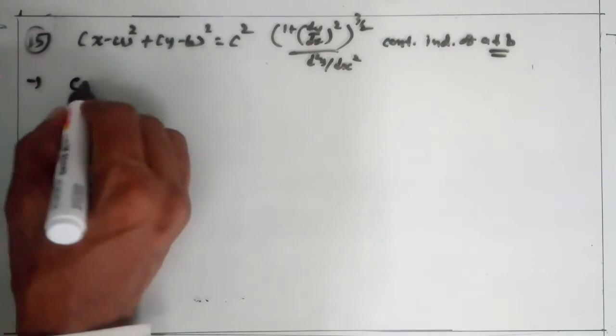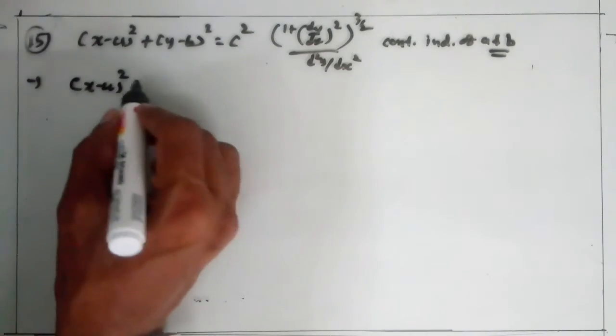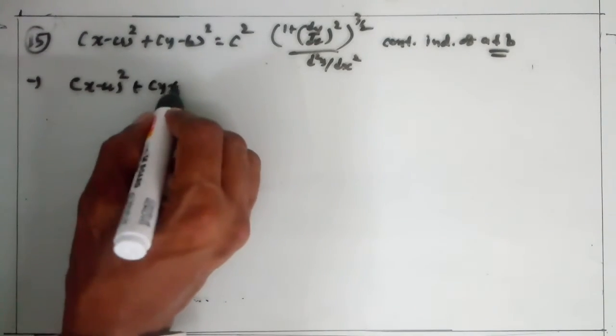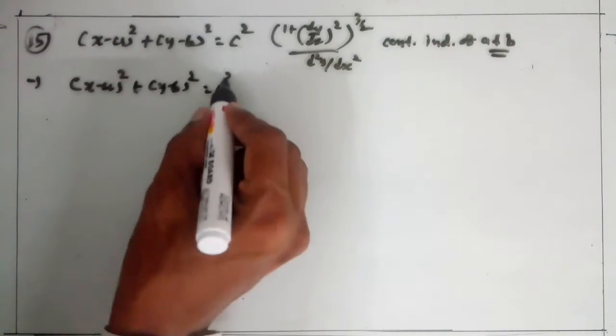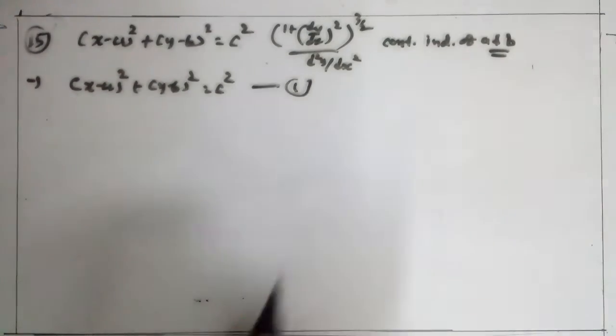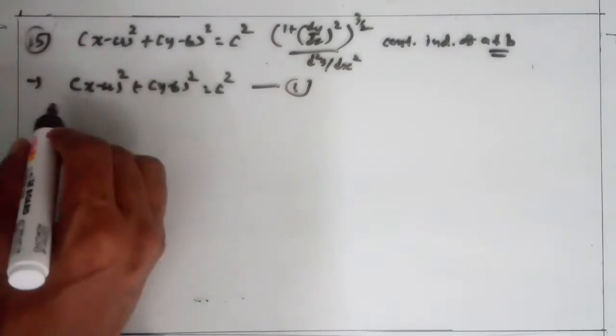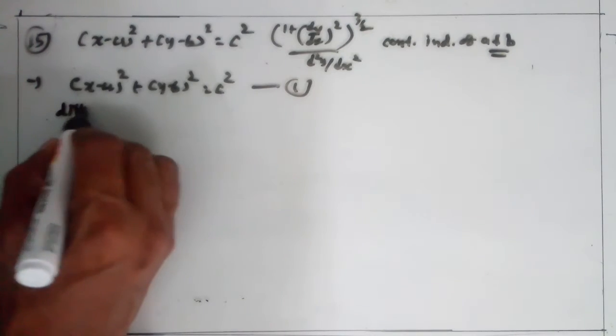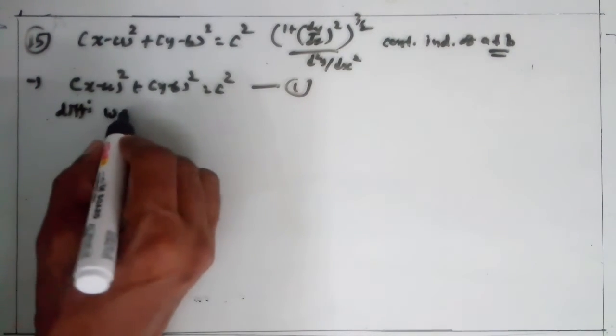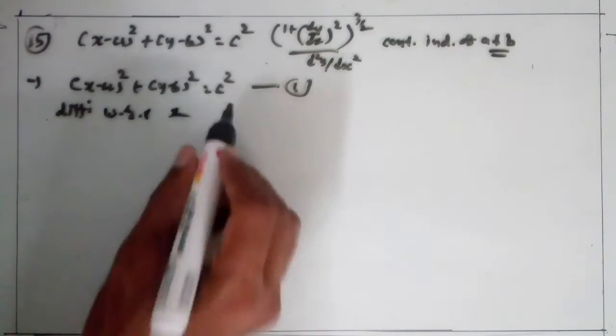First, (x − a)² + (y − b)² = c² is given. Take this as result number 1. Now differentiate with respect to x.